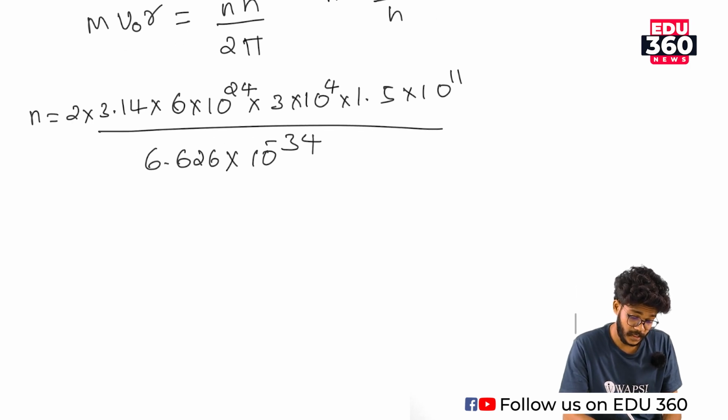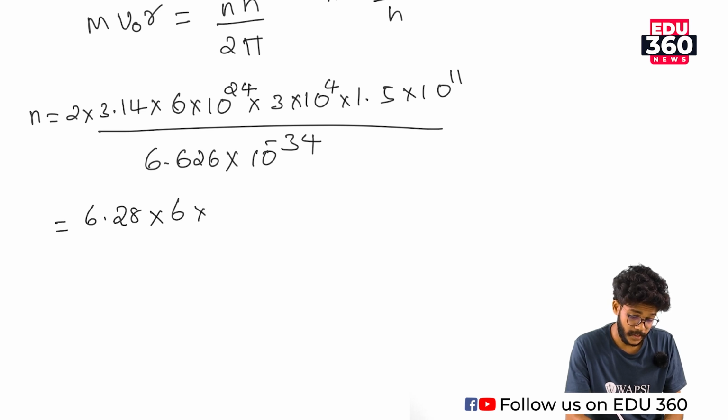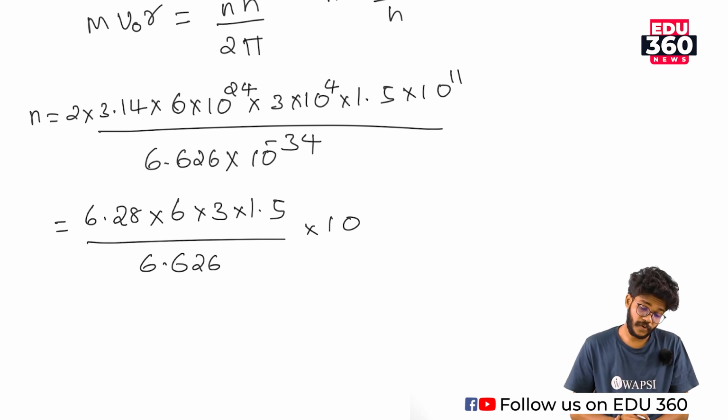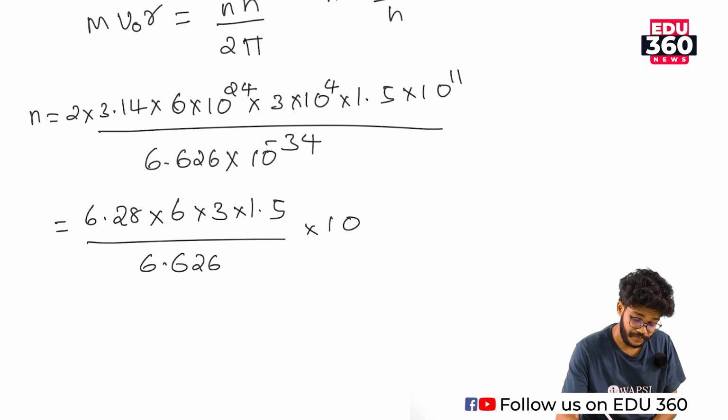We can take all the multiplicands to one side. 2 into 3.14 is 6.28, multiplied by 6, multiplied by 3, multiplied by 1.5, divided by 6.626, into 10 raised to, 34 plus 24 is 58, 58 plus 4 is 62, 62 plus 11 is 73.